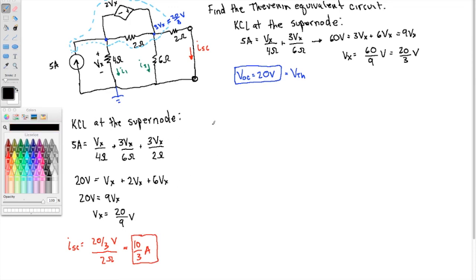Okay, so now indirectly we can get the Thevenin resistance. That's V Thevenin over ISC, so that's the 20 volts over 10/3 amps. That gives us 60 over 10 ohms, or 6 ohms.